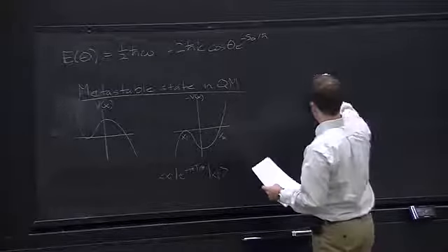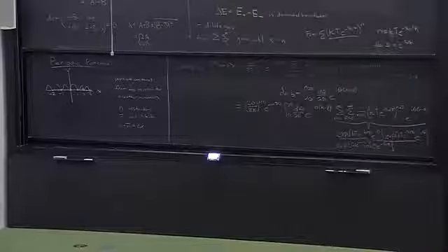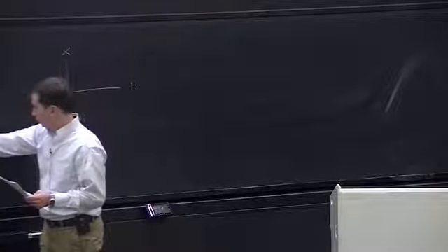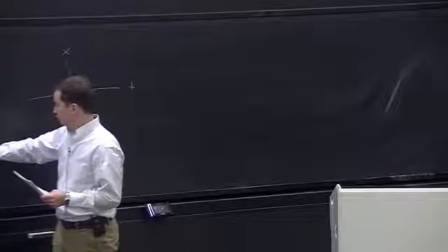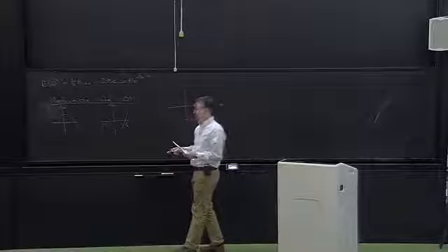So we're looking for solutions to the Euclidean equations of motion that start and end at xi. And there'll be a solution that goes from xi to x star and bounces back.